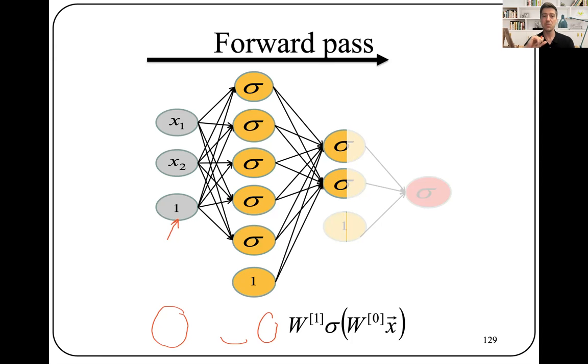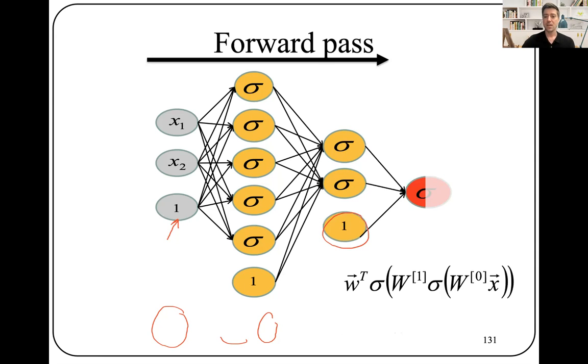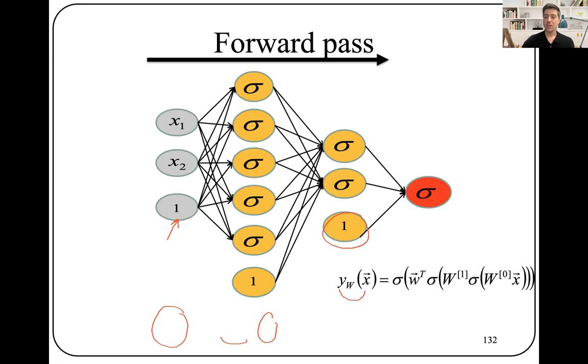Then we're going to do the same in the second layer: multiply the result by a weight matrix W1, augment this result with a bias. And then in the last layer, we're going to multiply by a weight vector W and get the output with a final activation in the output layer.